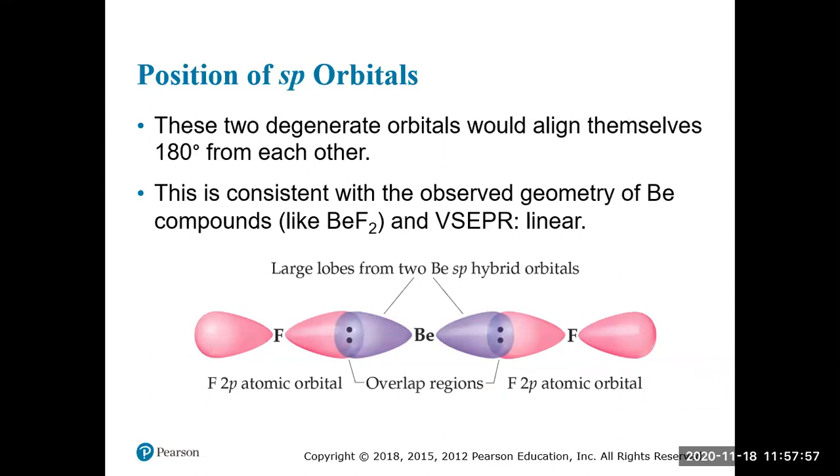Here's the beryllium with those two sp hybrid orbitals interacting with and bonding to two fluorine atoms. We see the fluorine's 2p atomic orbital overlapping with those sp hybrid orbitals from beryllium to form those two beryllium-fluorine bonds.